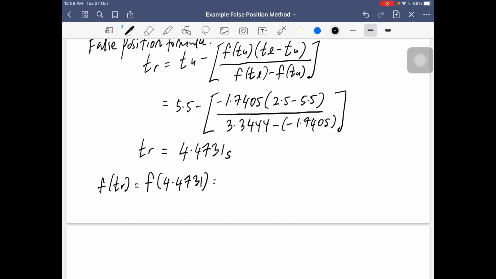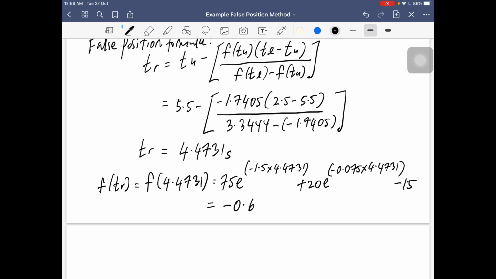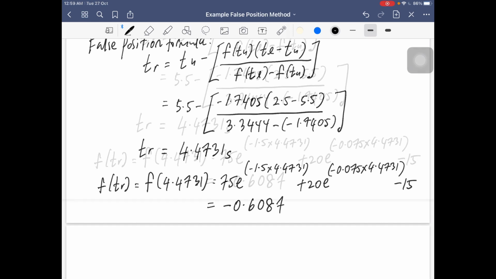If you substitute into the formula, you will have 75e^(-1.5 times 4.4731) plus 20e^(-0.075 times 4.4731) minus 15. By using your calculator, you should get negative 0.6087.